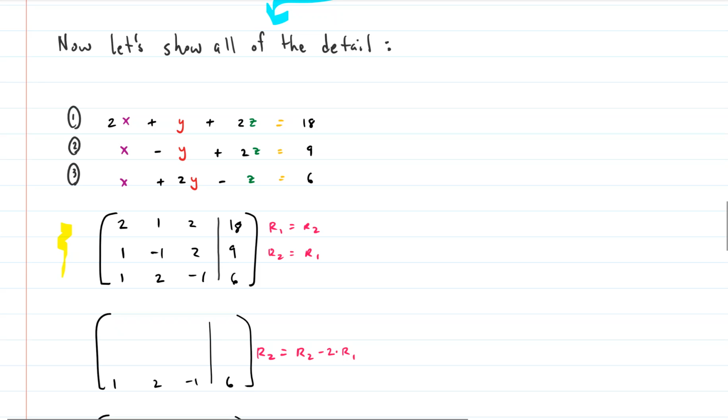Now we start using our row operations. Hope you didn't forget them. This is a part where it's really important to be very detail oriented. If you don't label each time you perform a row operation, then when you're going back, it's going to be a pain.